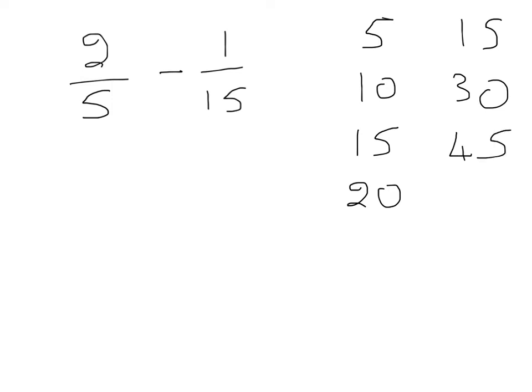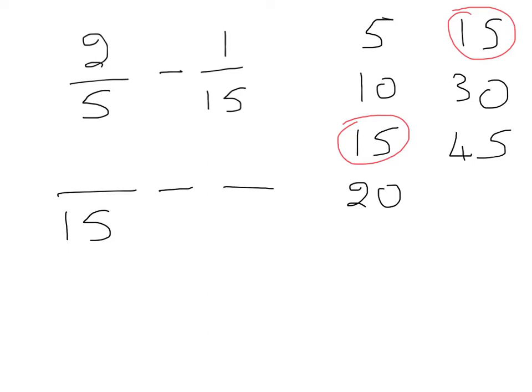So the first number that appears in both is 15. So that's what our new denominator is going to be. This time, we are only changing one fraction, as this one is already the way we want it to be.